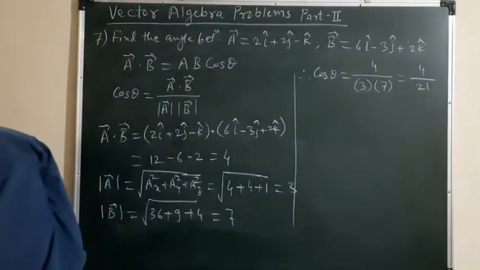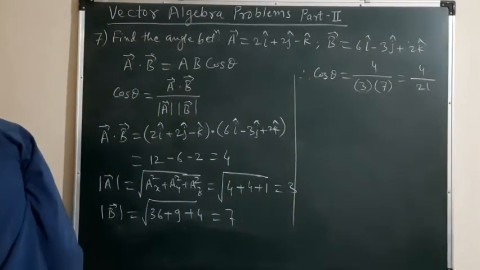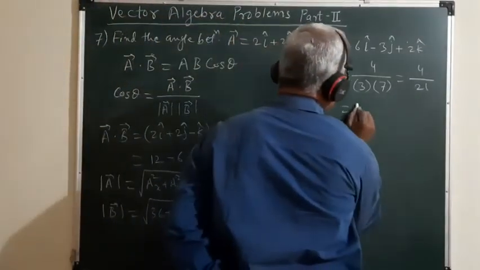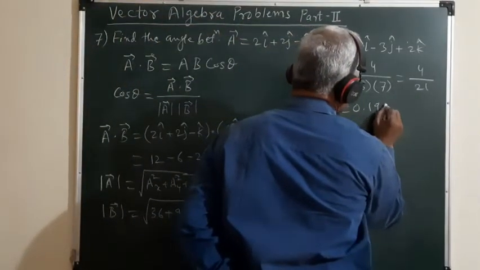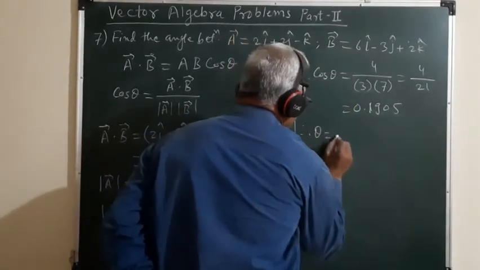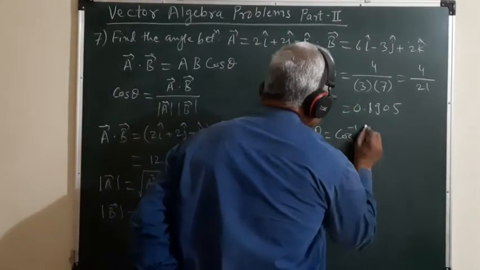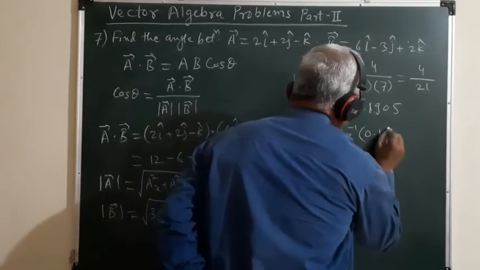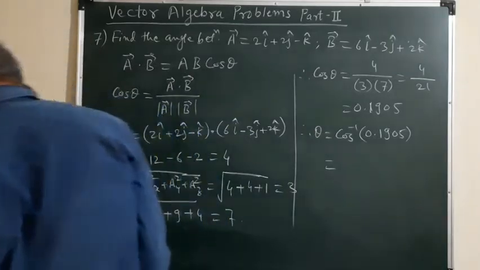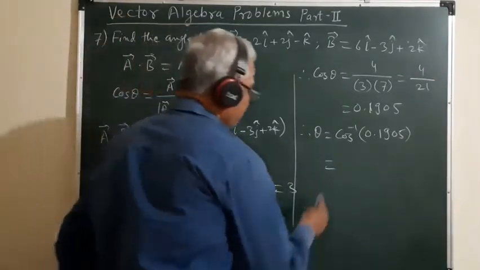So 4 by 21 works out to be equal to 0.1905. So theta is equal to cos inverse of 0.1905 and this works out to be equal to 79 degrees.